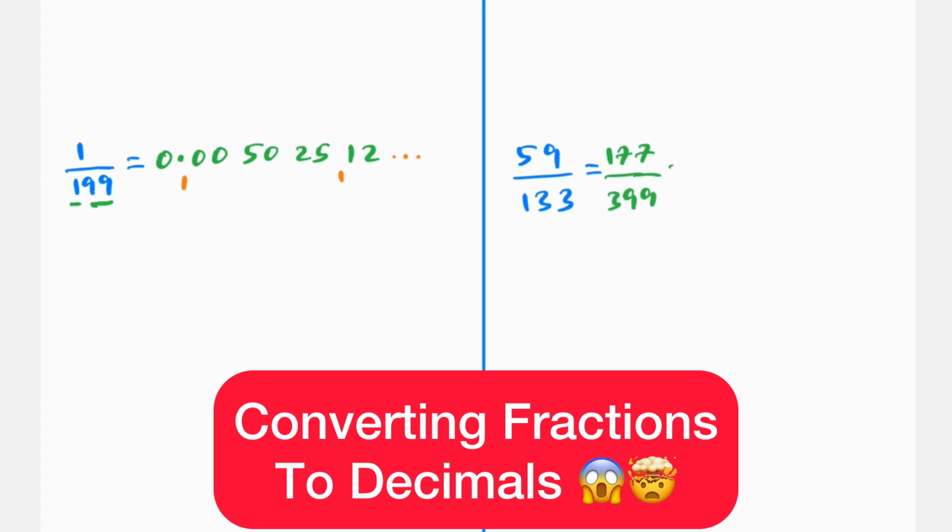And now we can do what we were doing before. We will divide by 4 in groups of 2, right? Because there are 2 9s. So we will divide 177 by 4, first 0.44, so we have 44 remainder 1. Now 144 divided by 4 is 36, right?